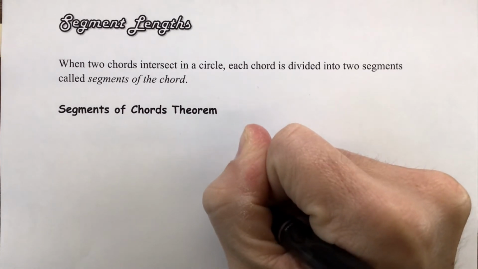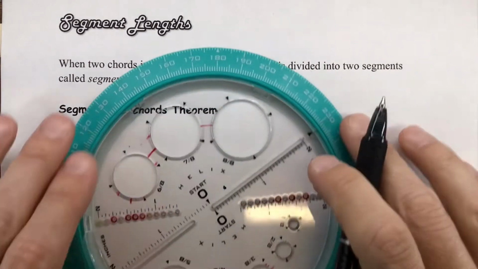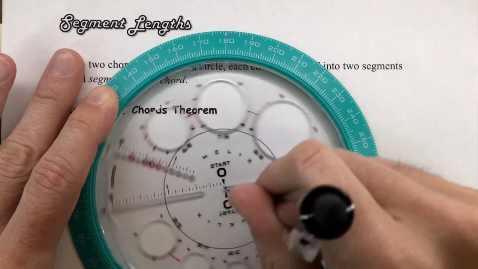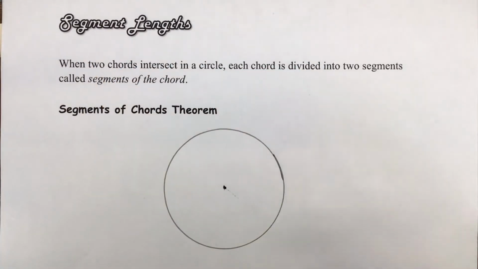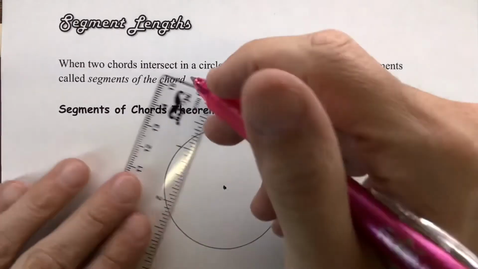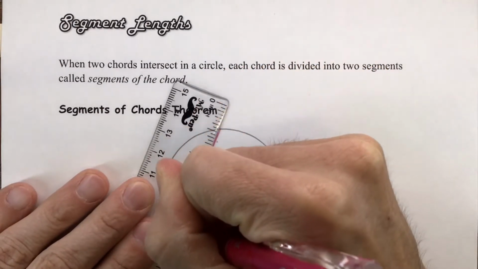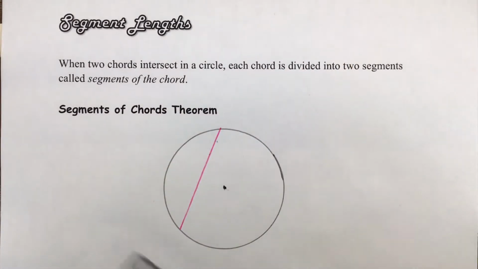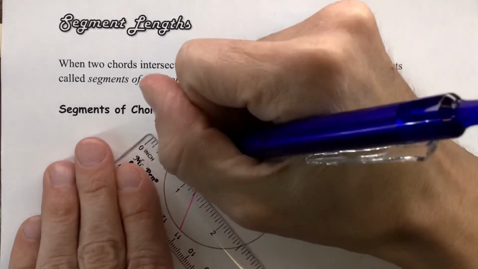All right, so I'm going to go ahead and start off with a center for a circle. All right, I've got a picture of a circle here. According to the prompt, I'm going to need two chords that intersect inside of the circle. Let's let that be one chord, and I'm going to choose a second color for the other one.